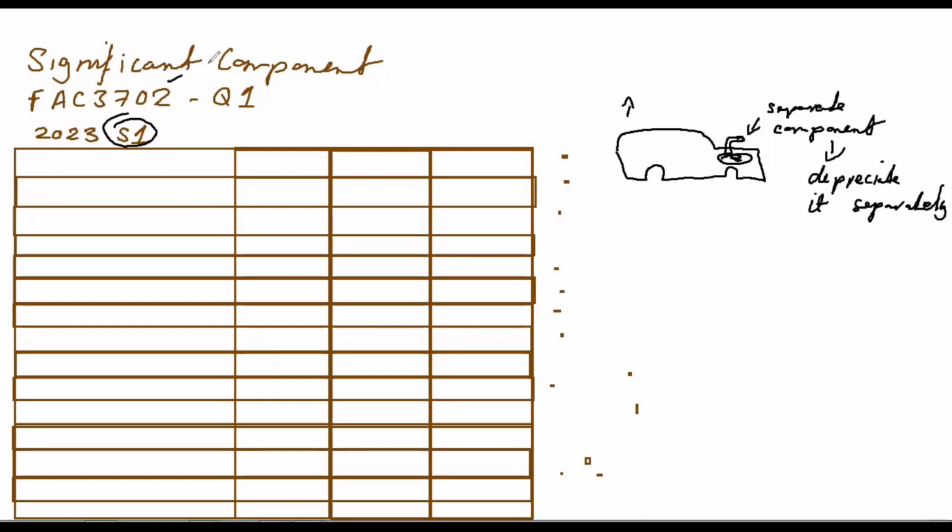That means it is what? It is of value, right? It is of importance. Okay. So in other words, this thing cannot operate without that. So the question will tell you that this is a significant component. So once you see a significant component, make sure that you calculate it what? Separately.